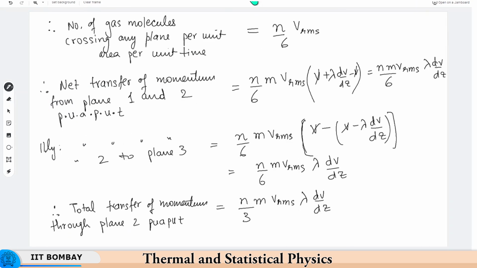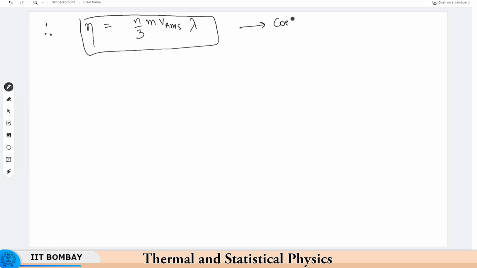So that just becomes n by 3 m times V RMS times lambda. So dV by dz gets cancelled out, and this is the coefficient of viscosity.